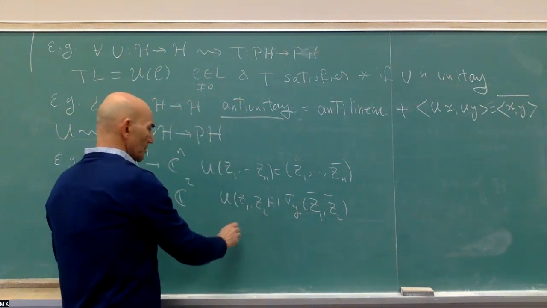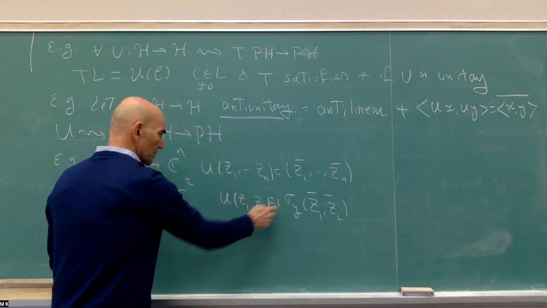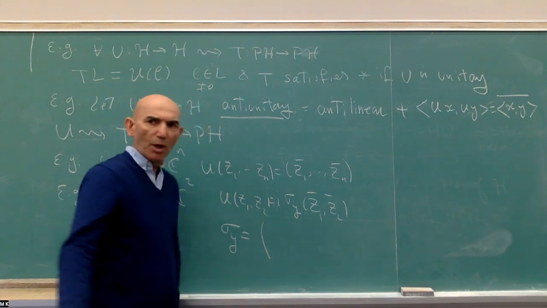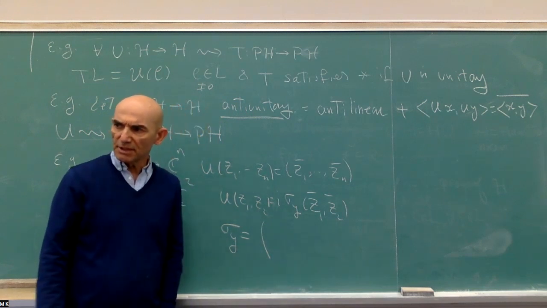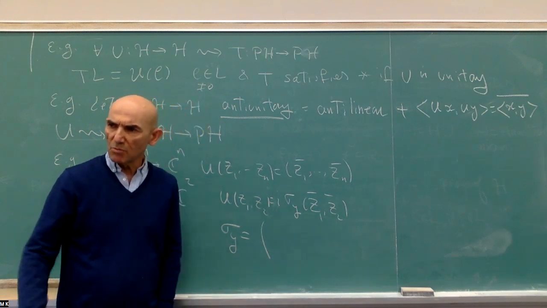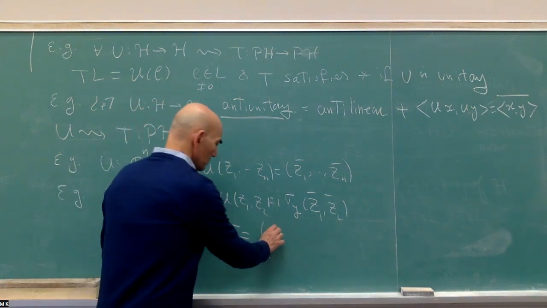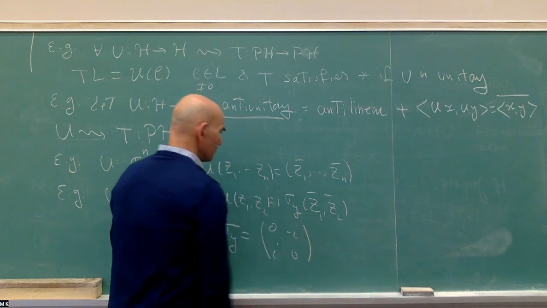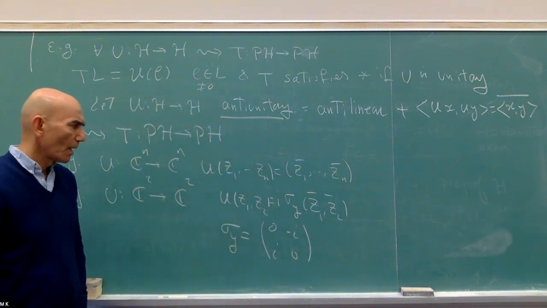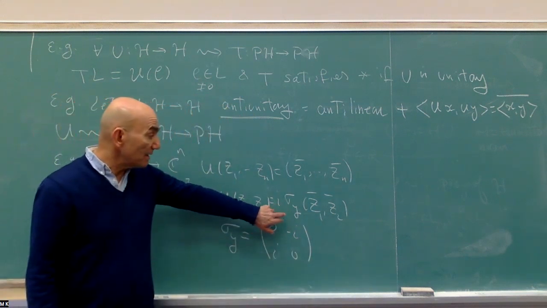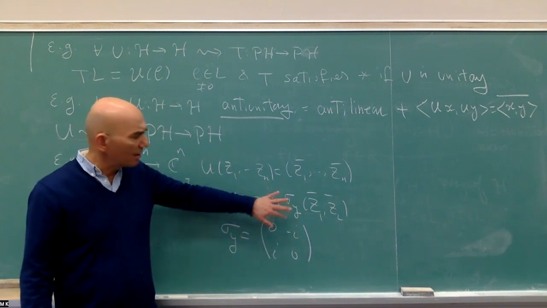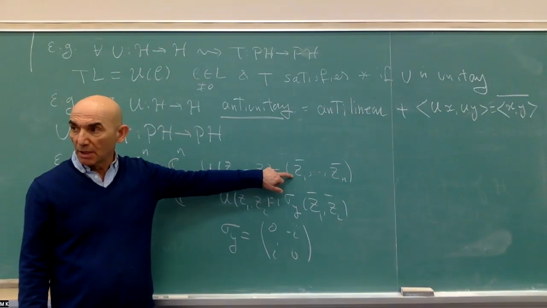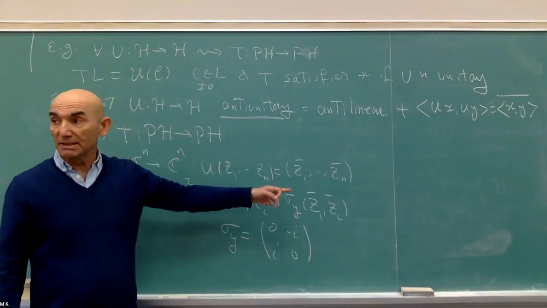This is in Wikipedia, I also checked. Sigma Y is the Pauli spin matrix, the second spin matrix, with entries 0, minus i, i, 0. If we didn't put this sigma Y, this would be the first example, but in that case U squared is equal to 1.